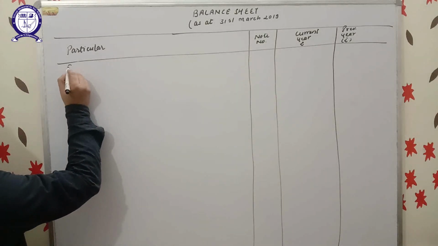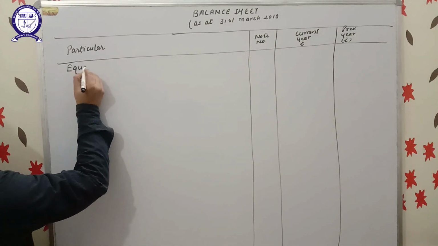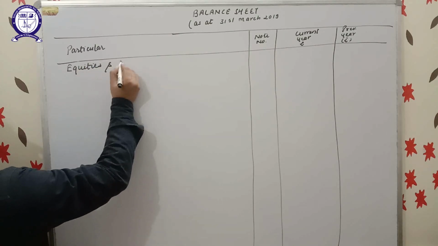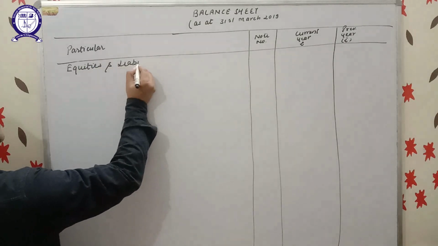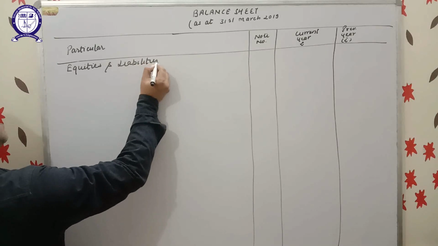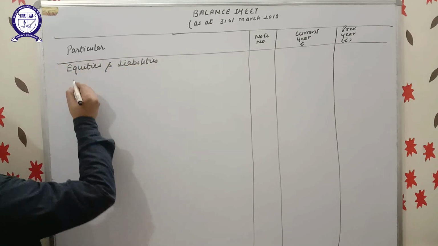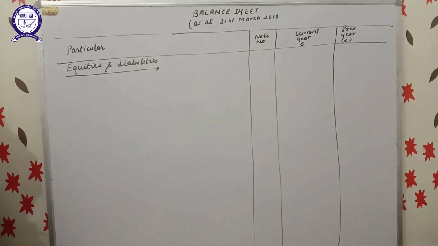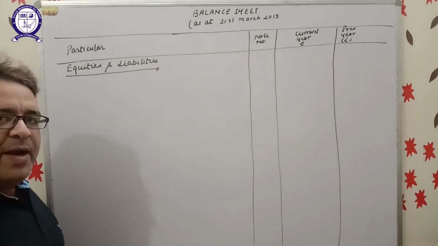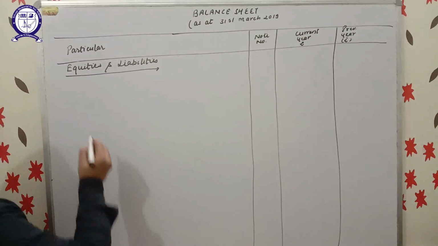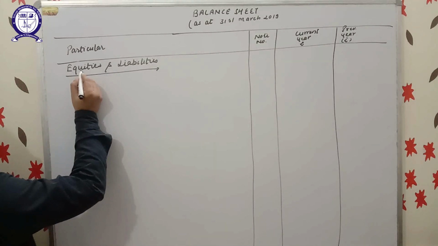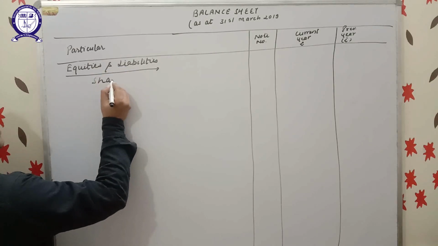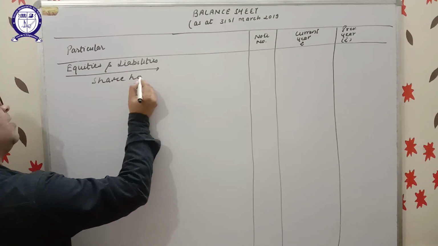First of all, equities and liabilities. In this video, I am going to tell you only the headings and subheadings of the balance sheet. So first heading is shareholder funds.